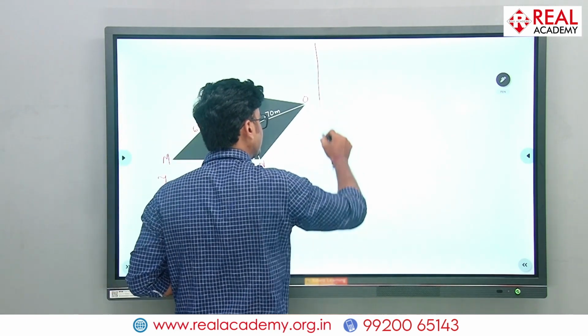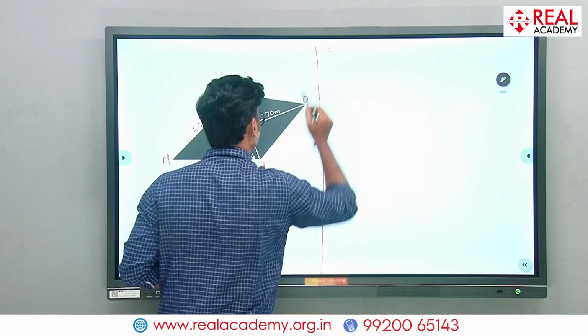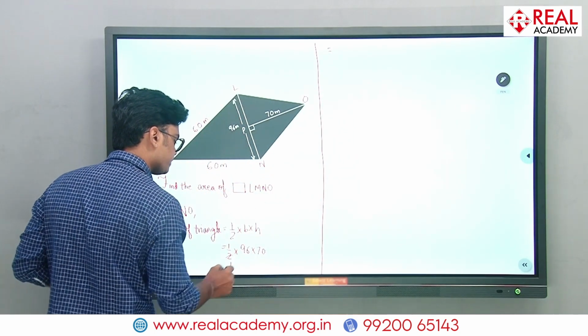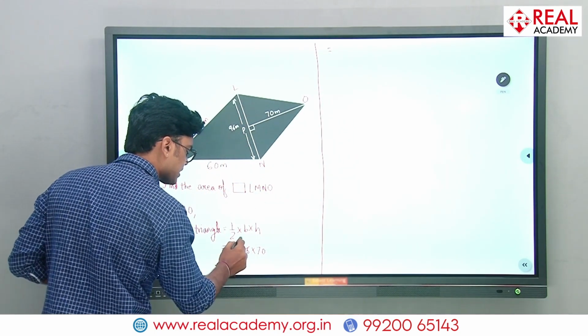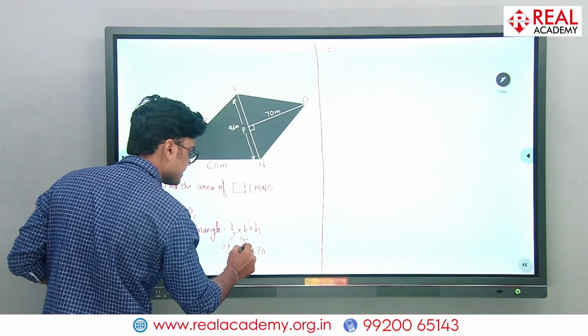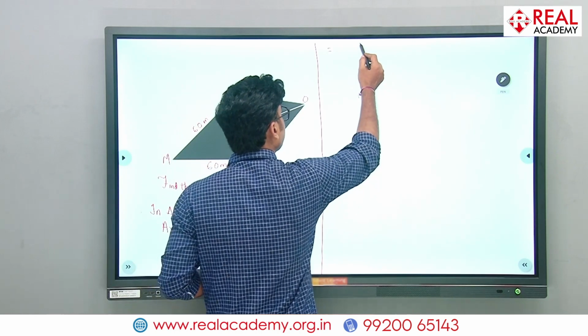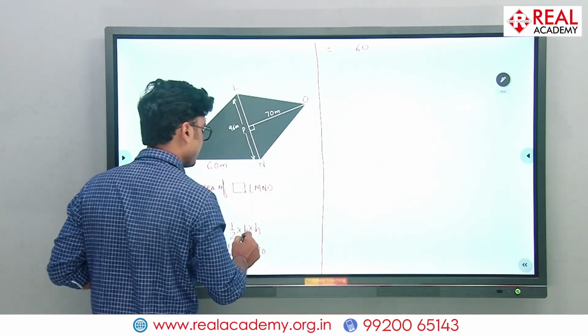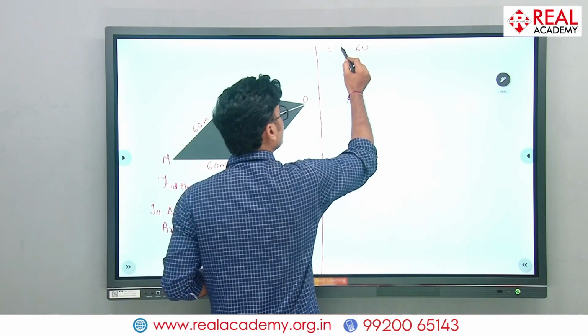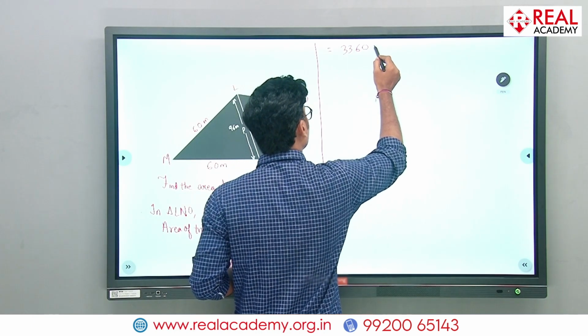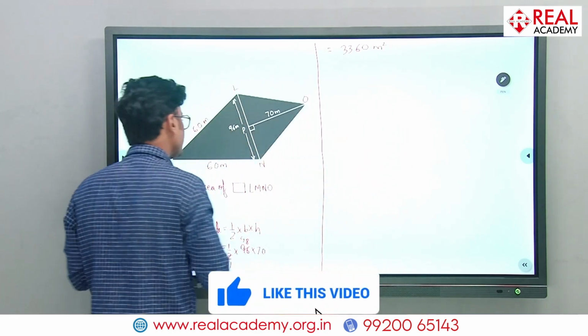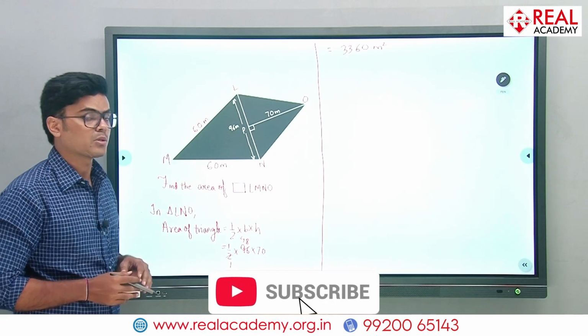So the value of this will be equal to 2 ones are 2, this is 2 4s are 8 and 2 8s are 16, 48 into 70. So the answer will be 7 8s are 56, 5 carry, 7 4s are 28, 3360 meter square. Okay, the units here are in meters, so meter square.